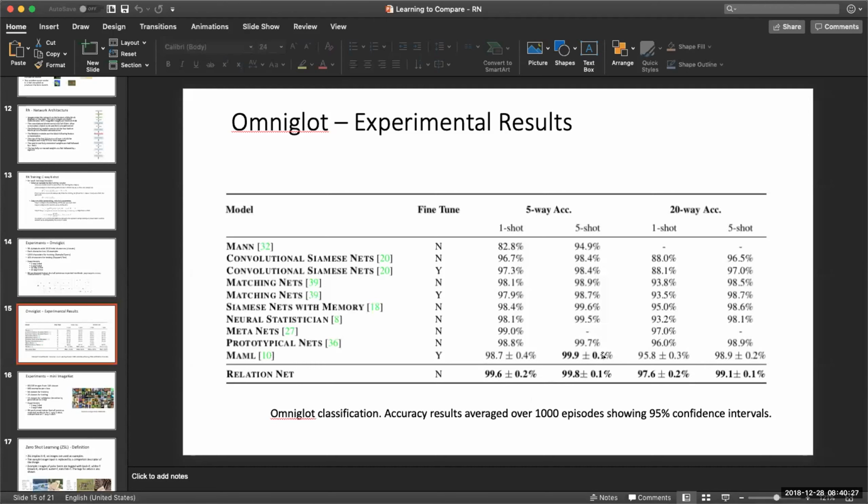But with the confidence interval, if we add 0.1 to that, we'd get 99.9, and if we subtracted 0.1 from this, we'd get 99.8. So these are overlapped. So in a sense, there's not much confidence that MAML is better than the RN.